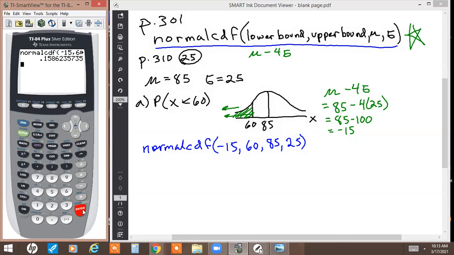Oh, and you know what? I mixed this up with a different problem, problem 26. But at any rate, on your actual problem, it's what is greater than 60? And I can do that in just a minute here, okay? But that's the problem where it's less than 60.